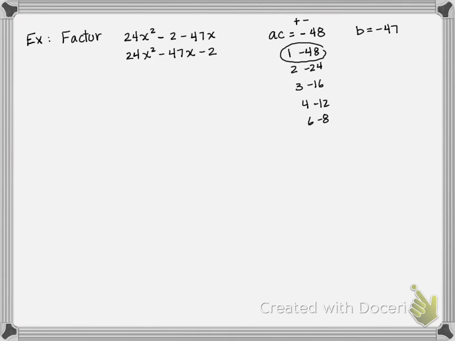So we have 24x squared minus 1x plus 1x minus 48x minus 2. So I'll factor an x out.